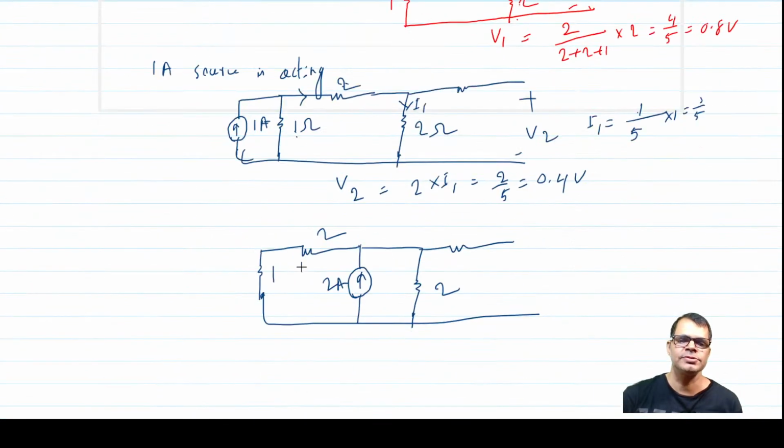Let's say this is V3 and this is your I2. You can see again current division, one path here, one path here.